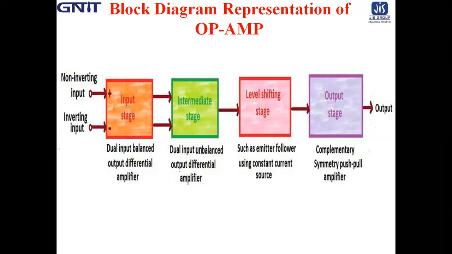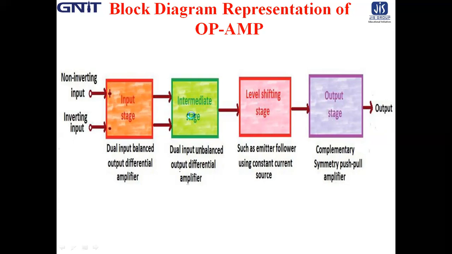The function of this stage is to provide high voltage gain for different signals and rejection of the common mode signal of both the terminals. This input stage also provides high input resistance.